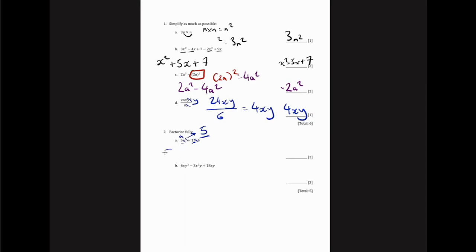So it'll be 5a and 3b. So it's 5a brackets a plus 3b is our answer.